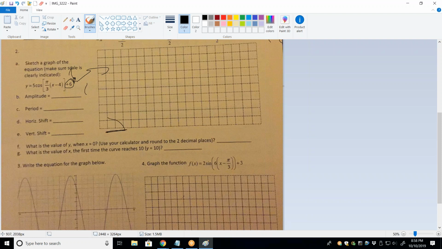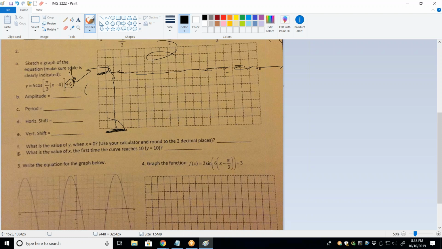So instead of being way down here, it's up here. That's my horizontal line of symmetry. In other words, my curve is going to be about that horizontal line.